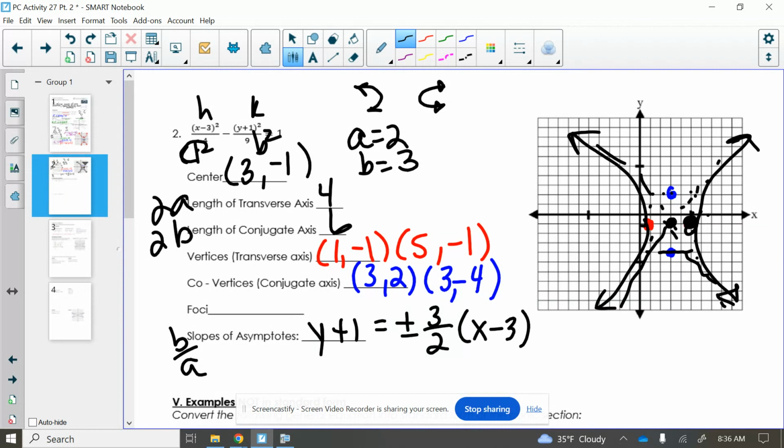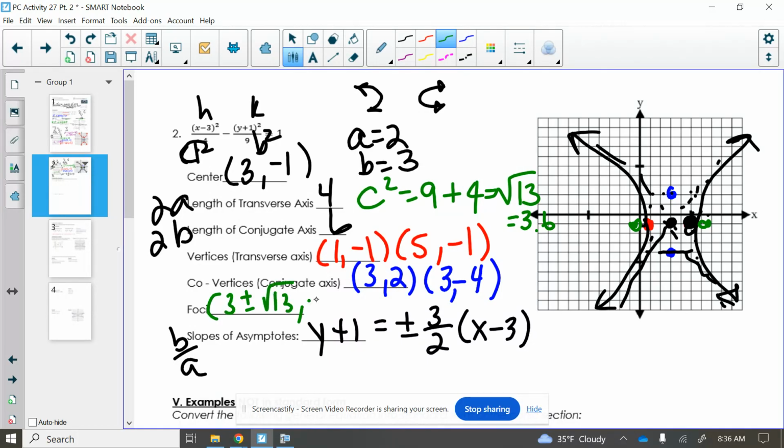Now the foci this time, our c squared value is going to come from taking a squared plus b squared, so in this case the square root of 13, which is about 3.6. So we'll go to the right 1, 2, 3.6, go to the left 1, 2, 3.6, so that again you could write it as 3 plus or minus the square root of 13.